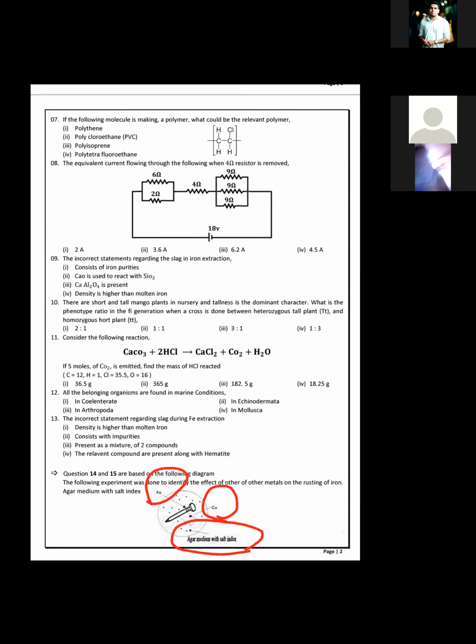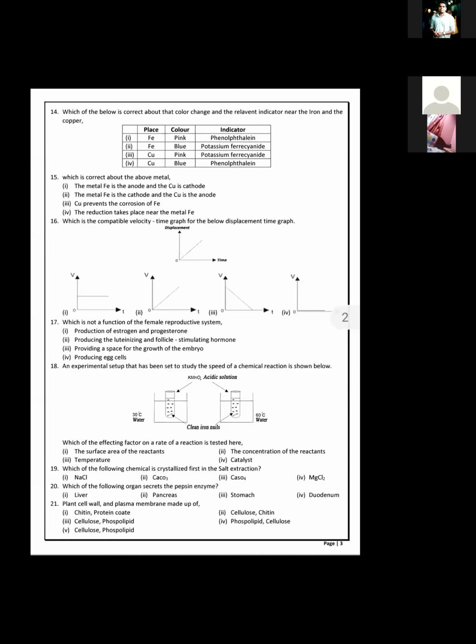Okay, the following experiment was done to identify rusting of iron. Okay, I will share the question. Number 14: which of the below is correct about the color change and the relevant indicator near the iron and the copper?